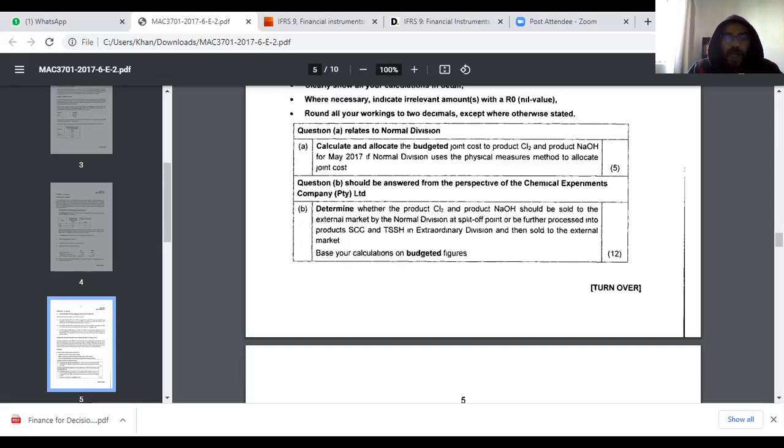So remember, how do we allocate? We only allocate to joint products. So we're only going to allocate to CI and we're only going to allocate to NaOH.